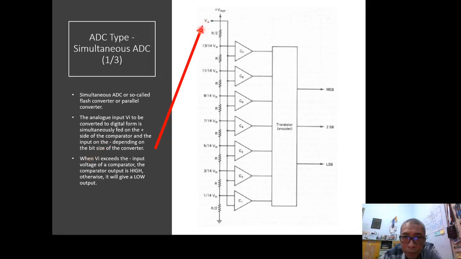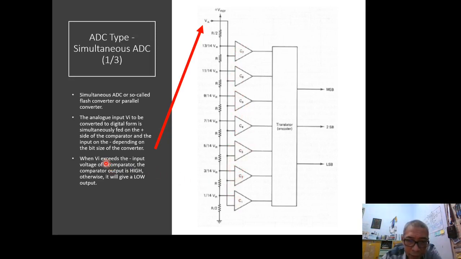So we input the analog voltage at the Vi input, and this analog voltage will be compared by the 7 comparators.